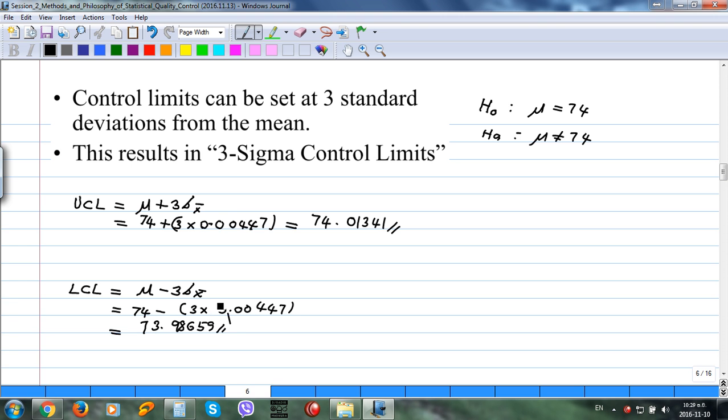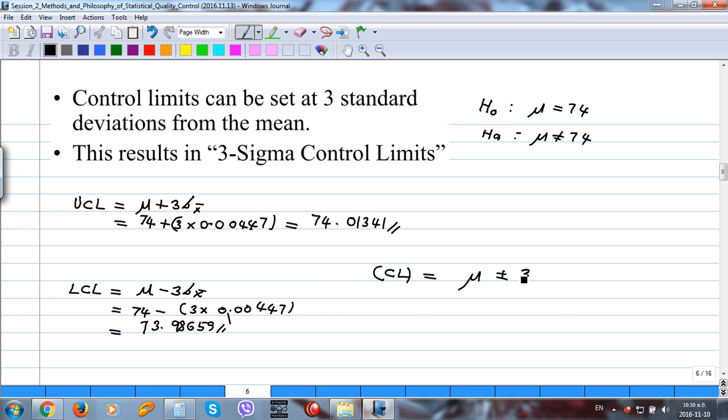These are the upper control limit and lower control limit. The equation to find the control limits is mu plus or minus 3 sigma x bar. This is the equation we use to find both the upper and lower control limits.